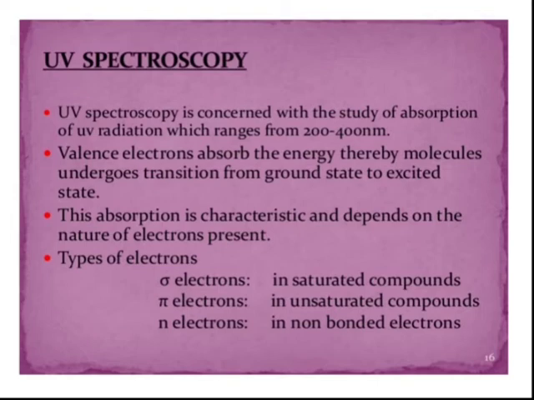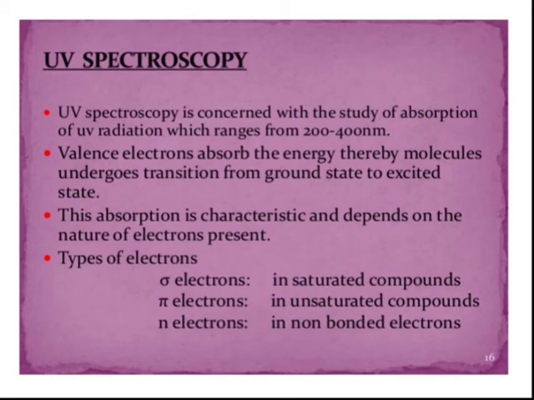This is somewhat of the information about UV spectroscopy. UV spectroscopy is concerned with the study of absorption of ultraviolet radiation, which ranges from 200 to 400 nanometer. Valence electrons absorb the energy, thereby molecules undergo transitions from the ground state to the excited state. This absorption is characteristic and depends on the nature of electrons present.